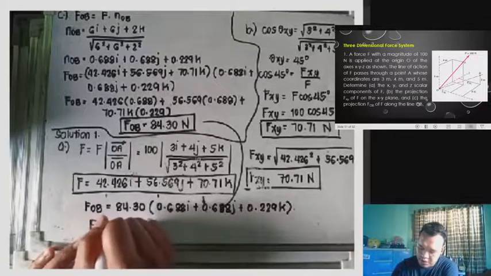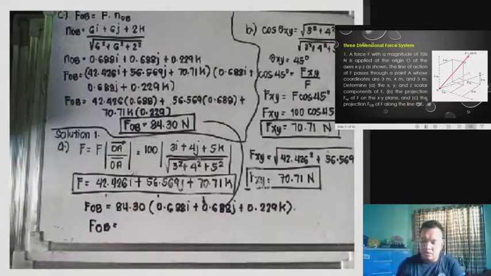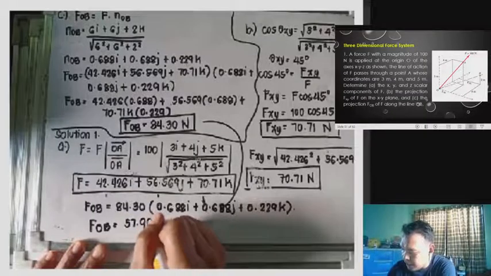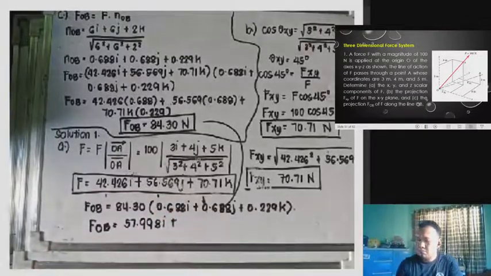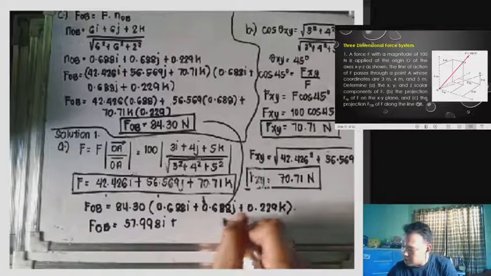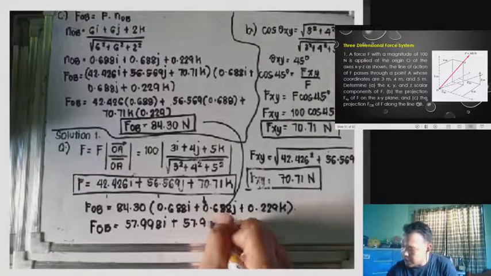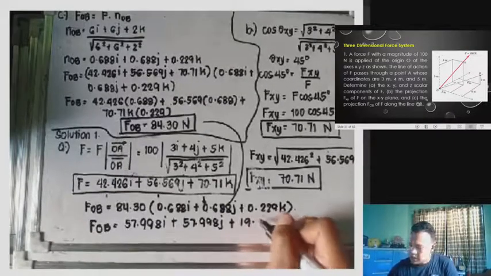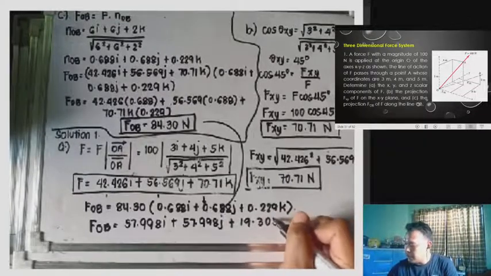FOB is equivalent to 84.30 multiplied by 0.688, which is 57.998i plus 57.998j plus 84.30 multiplied by 0.229, which is 19.305k.